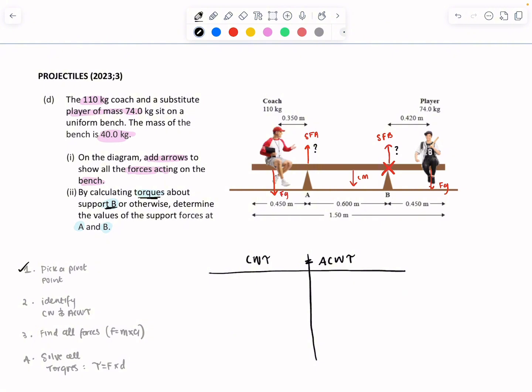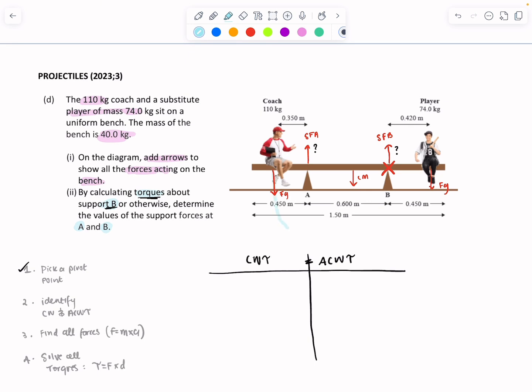And remember, torque is a turning force. All the clockwise torques will balance out with our anti-clockwise torques. So let's do this step and identify our clockwise torques. What we can see here is we've got the coach and he's got this force downwards.